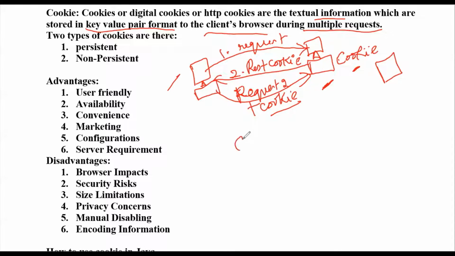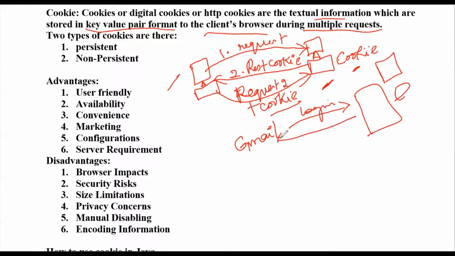Say, for example, you're opening your Gmail and requesting to send a message to the server. The login and password credentials are given to the server. The server will create a cookie and send it back to the browser.